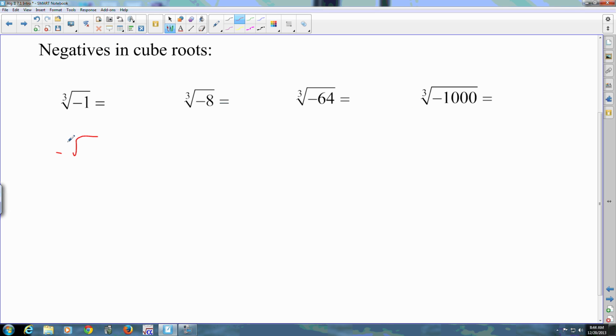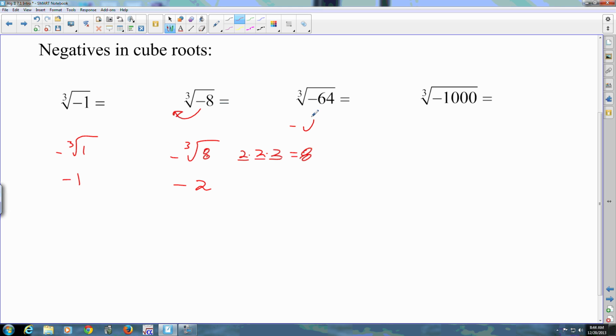That would be negative cube root of 1, and what times itself 3 times is 1? 1. This, the negative would pop out, negative cube root of 8, and you guys know what times itself 3 times is 8? Well, the answer is 2. So the answer is -2.